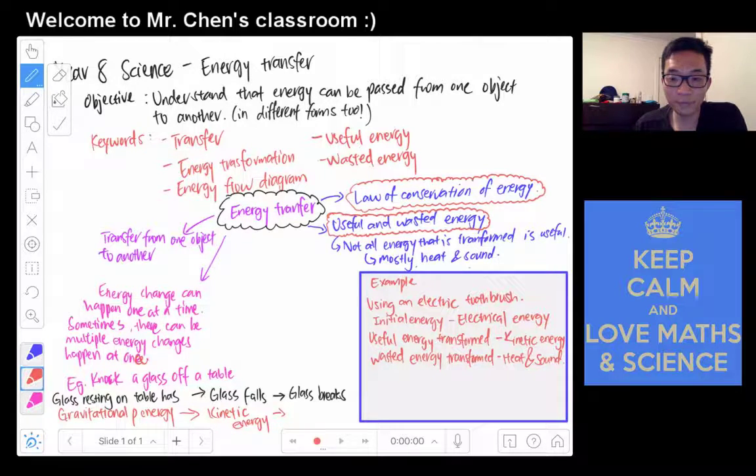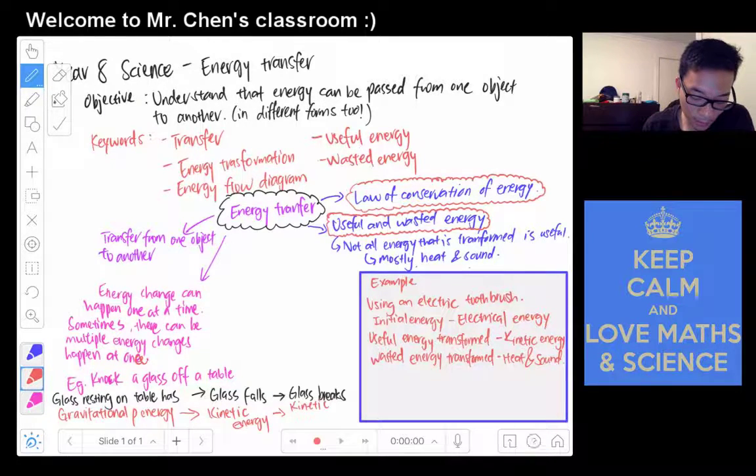I want you to have a think. What happens after it hits the ground? The moment it hits the ground, it transfers from kinetic into kinetic still, just because the glass breaks and moves all over the place.